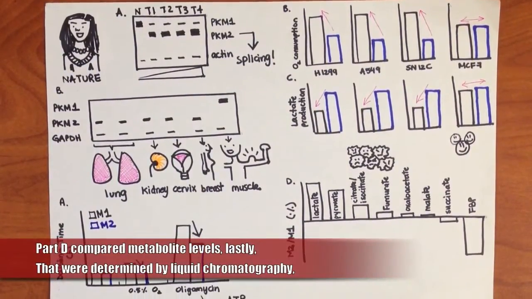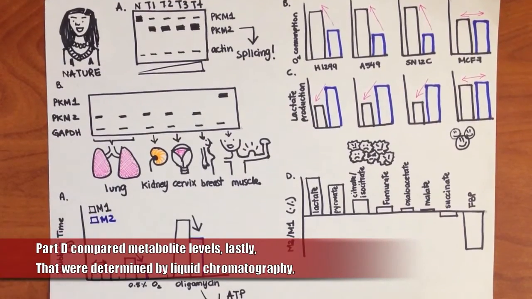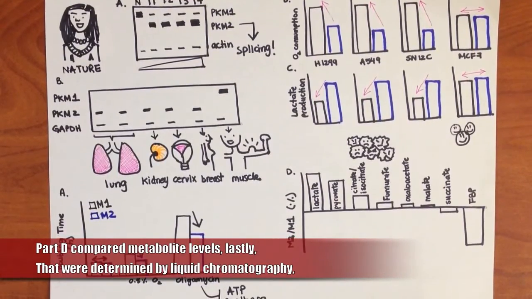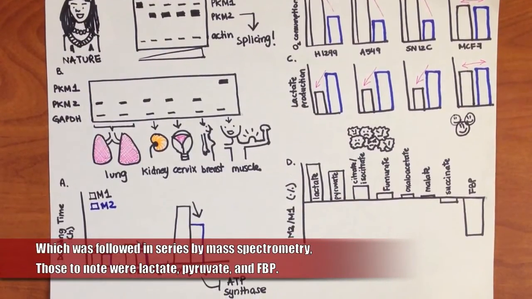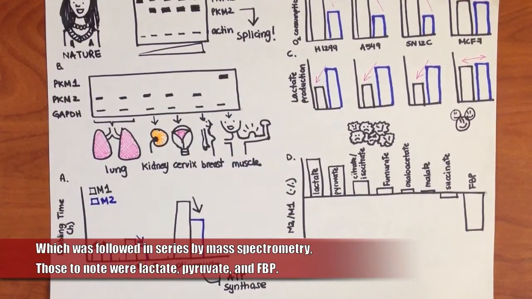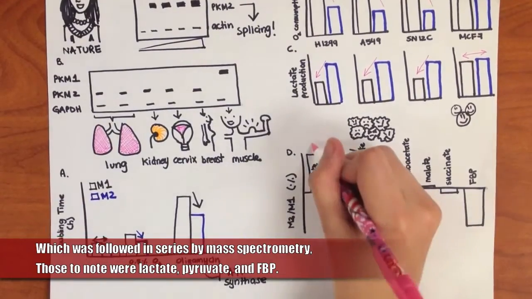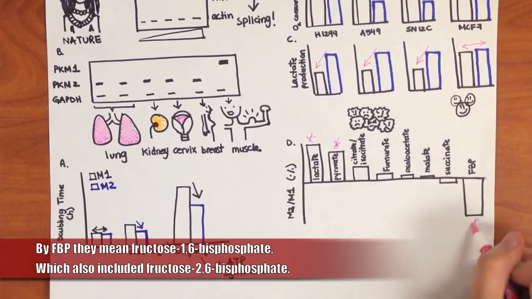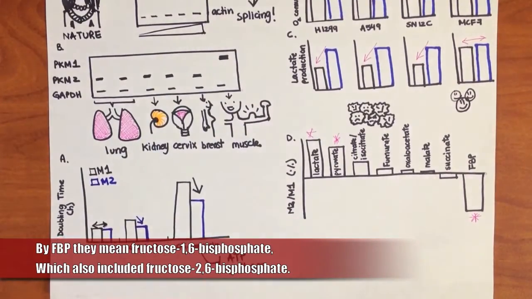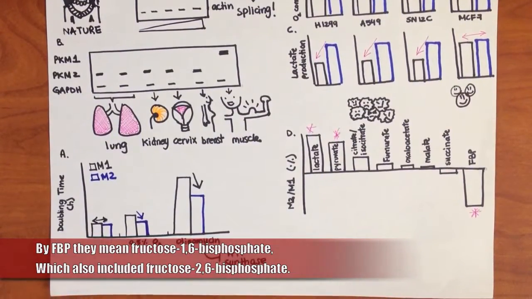Part D compared metabolite levels lastly. They were determined by liquid chromatography, which was followed in series by mass spectrometry. Those to note were lactate, pyruvate, and FBP. By FBP, they mean fructose 1,6-bisphosphate, which also included fructose 2,6-bisphosphate.